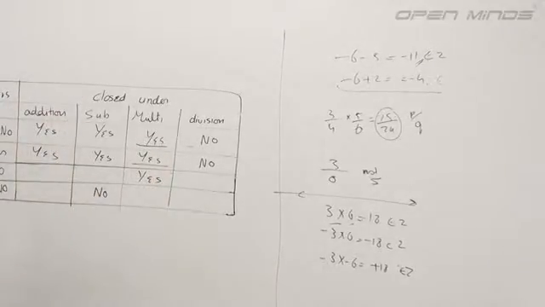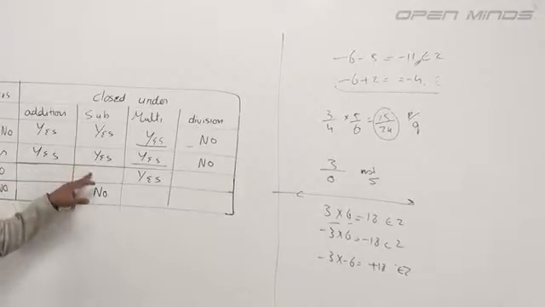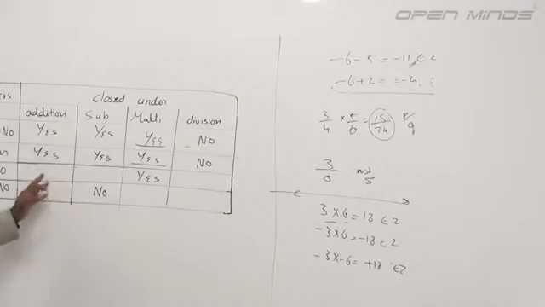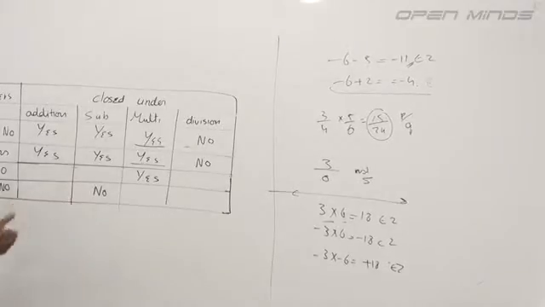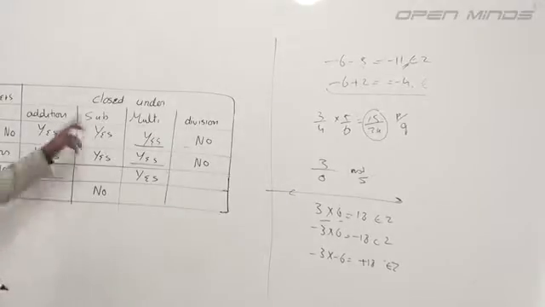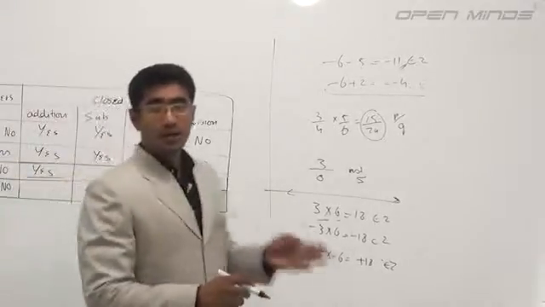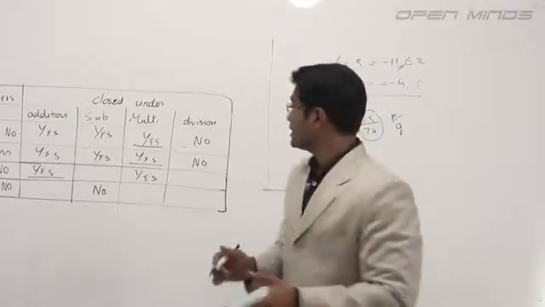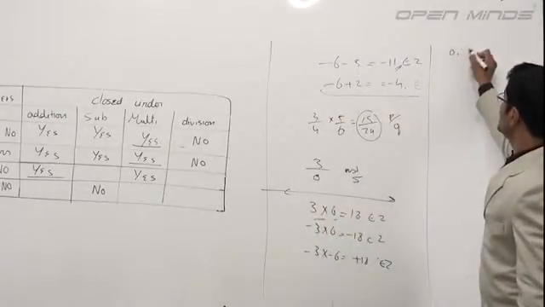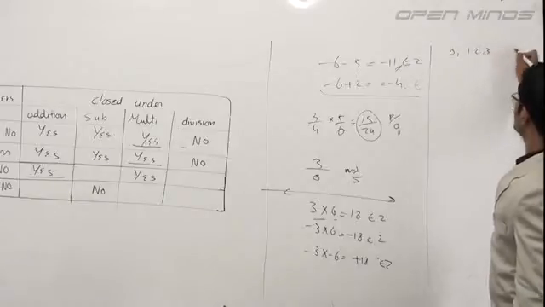Now we talk about whole numbers. Whole numbers are those numbers which include 0 but not negative numbers. They are only non-negative numbers. If I add two whole numbers, I will always get a whole number. I can say yes here. So this is a blank I filled. Subtraction. Think about it. Go back to the whole numbers video and check. Whole numbers are 0, 1, 2, 3 like that till infinity.